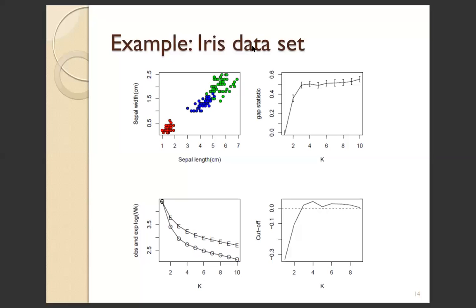Most people will just use the standard k-means clustering algorithm, which is available in R, one of the standard clustering packages. But if you want to use good statistical results to determine K, then you have a tool here: use the gap statistic.